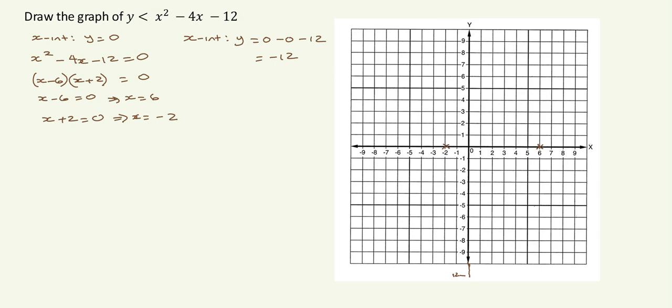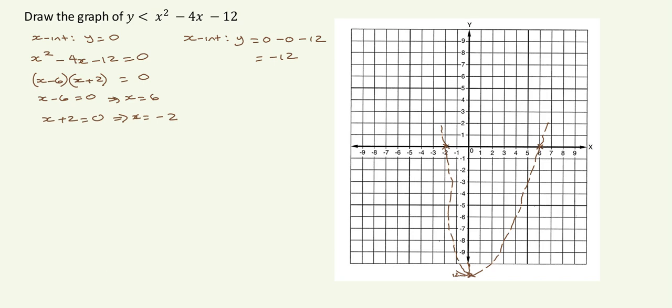So our graph is going to look like this. We're going to join the points together. Then erase this portion right here. And then we're going to start from here, right about here. This is our graph here, and because it's less than, it's not equal to, we're going to make it broken lines to show that it's not equal to.